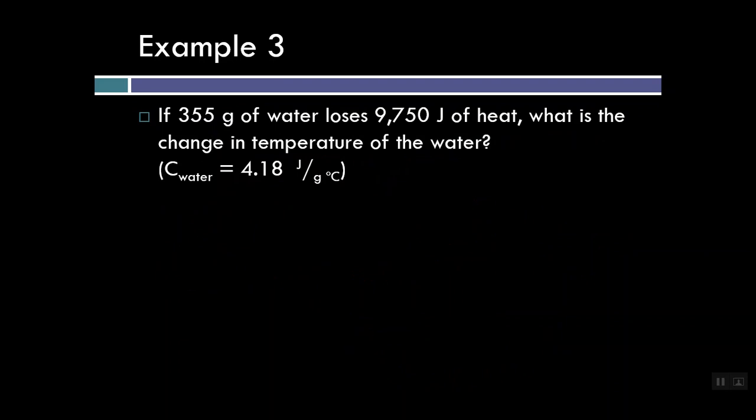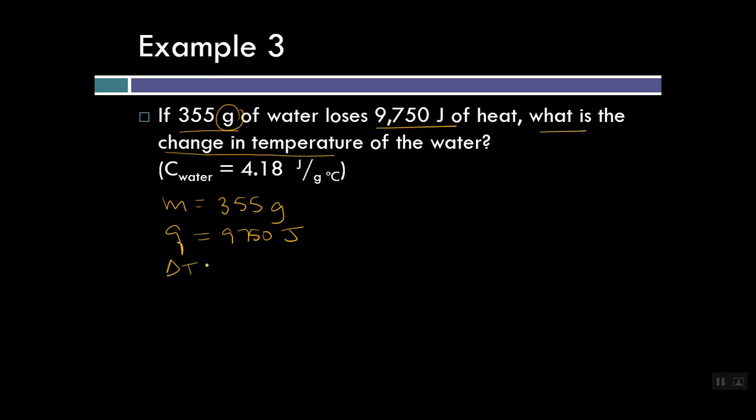And again, if you know algebra, you can solve anything. All right, I've got grams, so that's my mass, 355 grams. Here's my heat, so that's Q, 9750 joules. And I'm looking for the change. It says, what is the change of temperature?